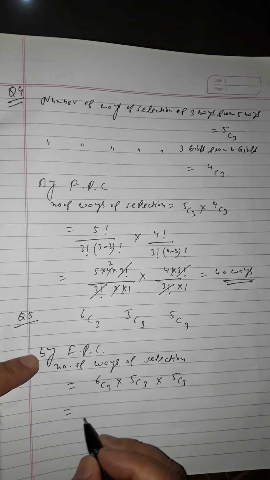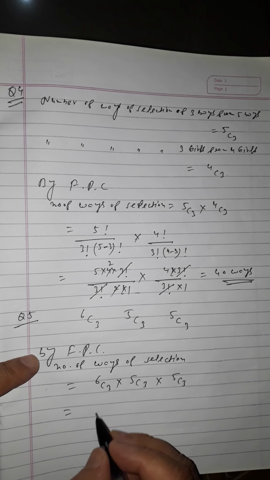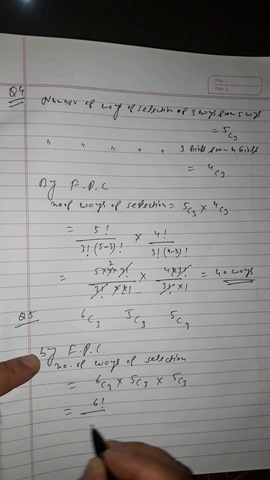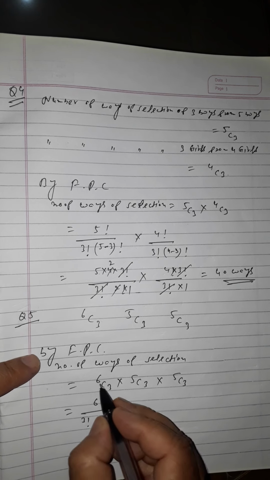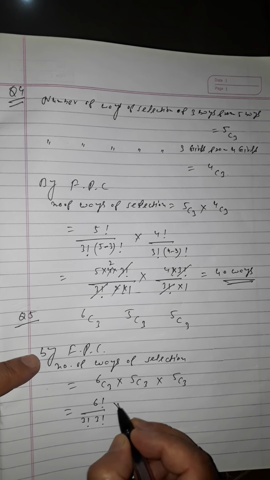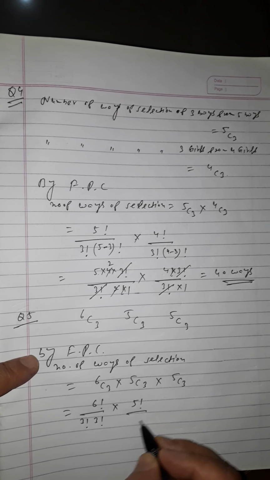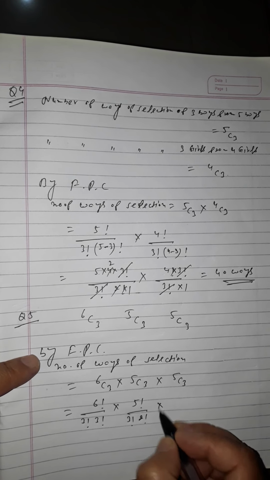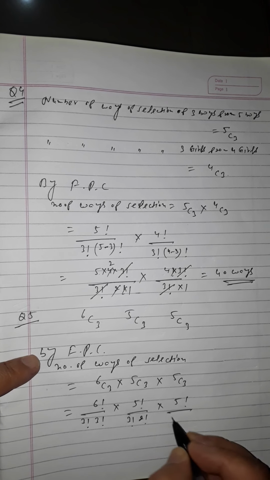Or it will come as equal to, this is 6 factorial upon 3 factorial into 3 factorial, this is 5 factorial upon 3 factorial into 5 minus 3, that is 2 factorial, this is also 5 factorial upon 3 factorial into 2 factorial.